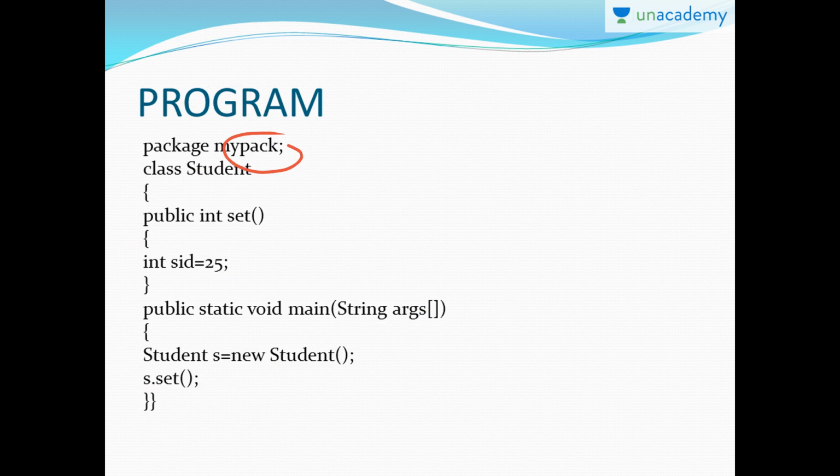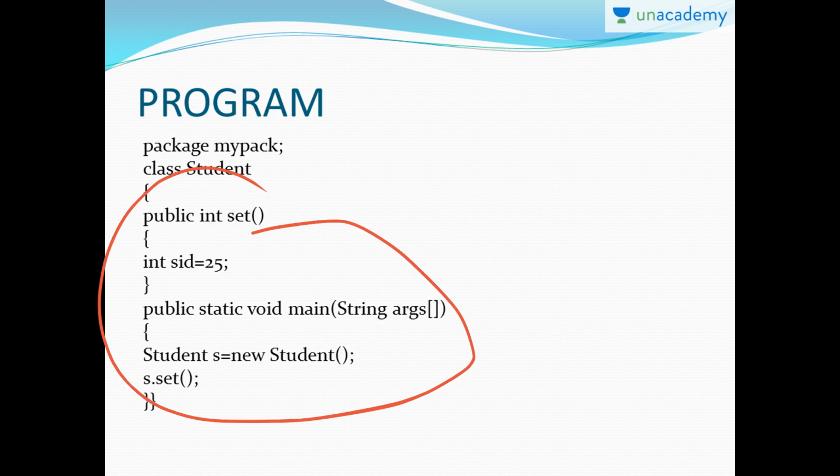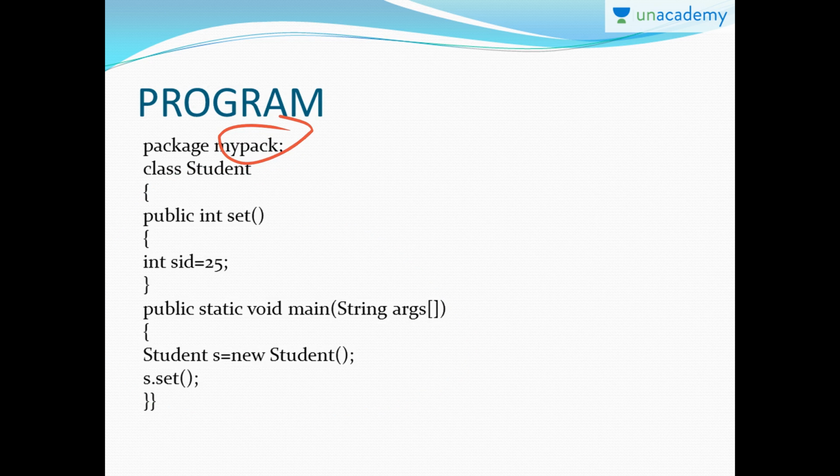Since I'm creating this package, the ID value 25 gets stored in the class Student, this Student gets stored in my package, and my pack gets stored in a directory, and the directory is present in a file. This is the way everything gets stored in a user defined and organized manner.